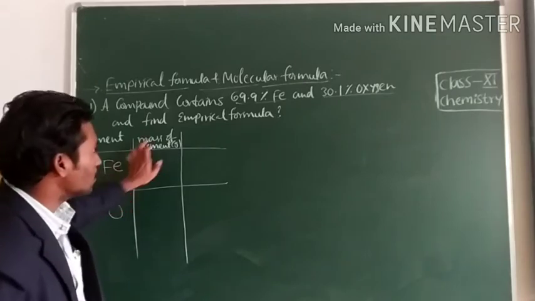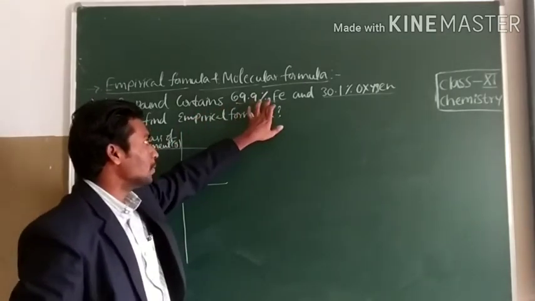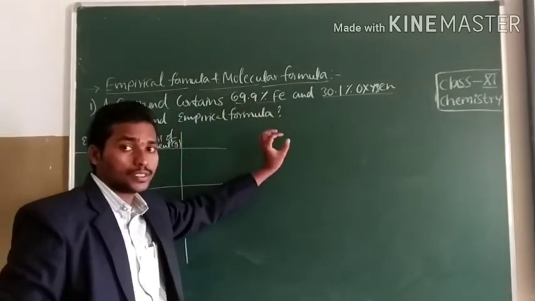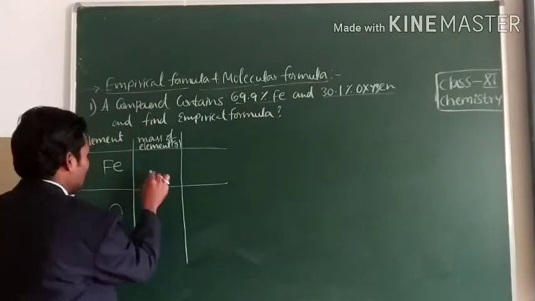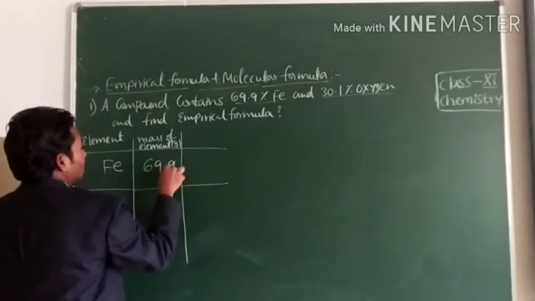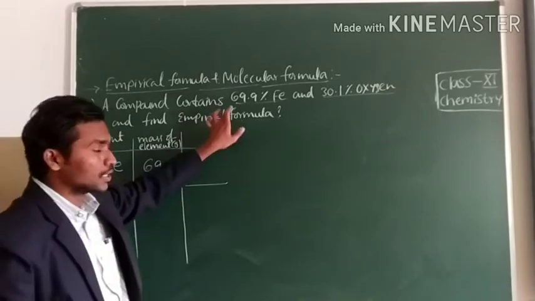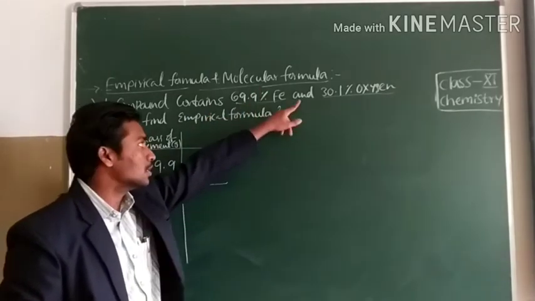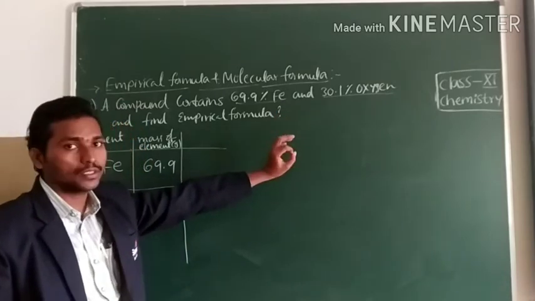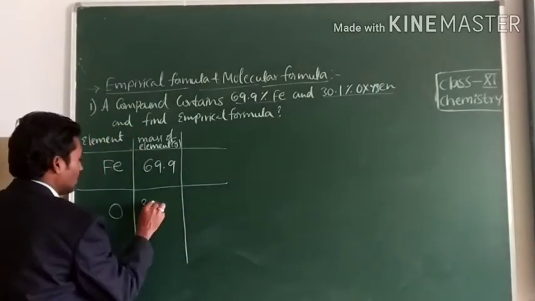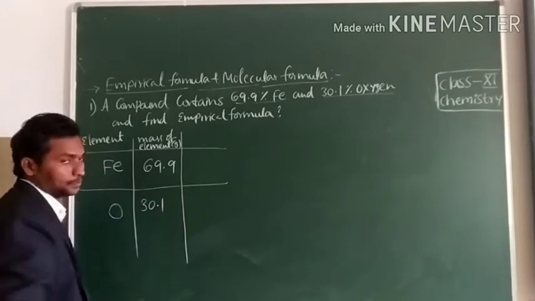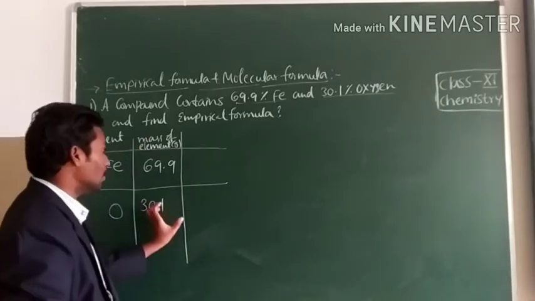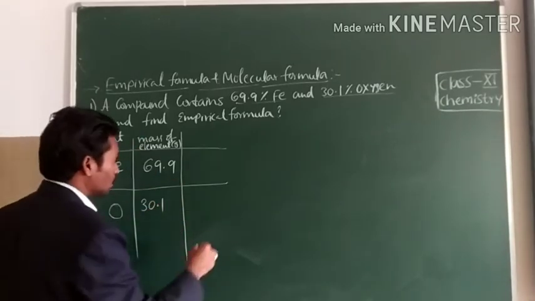What is the mass of iron here? 69.9% is equal to 69.9 grams. Mass of iron is 69.9 grams because the percent is taken out of 100 grams. Next, oxygen: 30.1% is equal to 30.1 grams. Second column, mass of element.